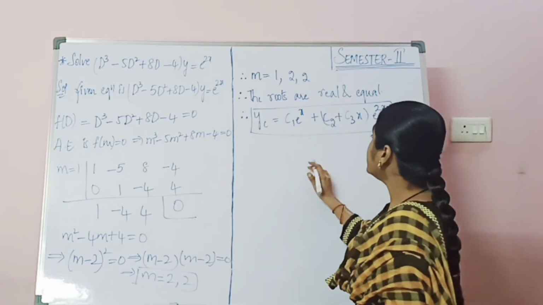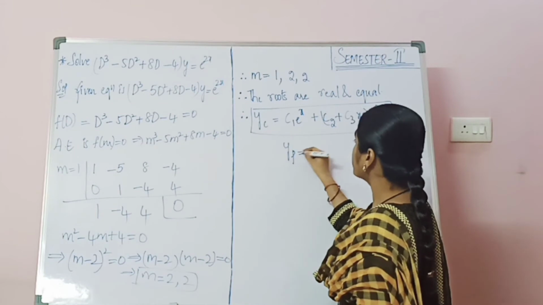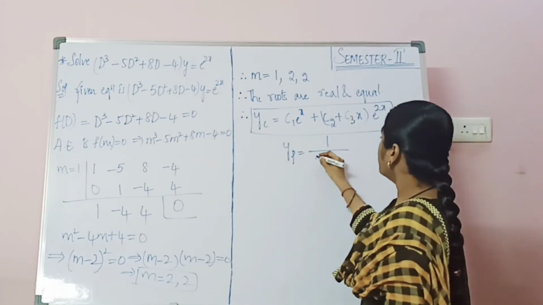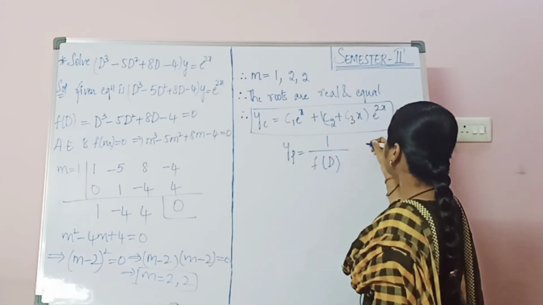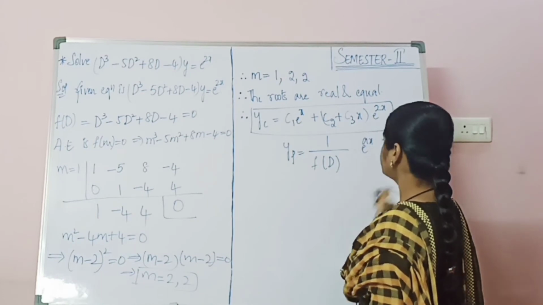Next, what we have to find? The particular integral. So Yp equals 1 by f(D) into e power ax.